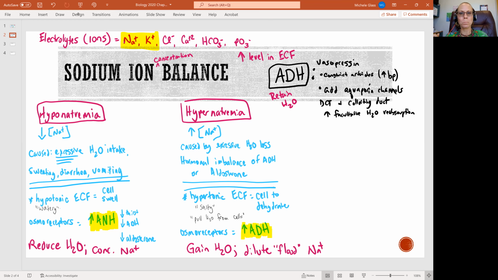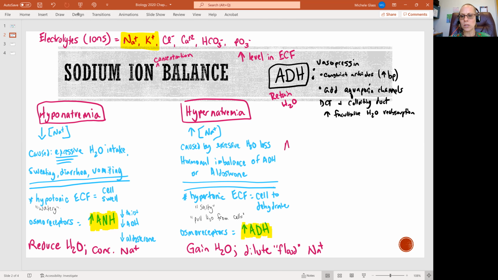So in the case of hypernatremia, where you have a too salty solution, you want to retain water so that you're diluting that out and reestablishing that balance, so that you're not pulling water out of your cells and dehydrating your cell. In the case of hyponatremia, where you've got a real watery solution, you want to turn this off. And so we see the job of the atrial natriuretic hormone is to turn off the production of ADH.